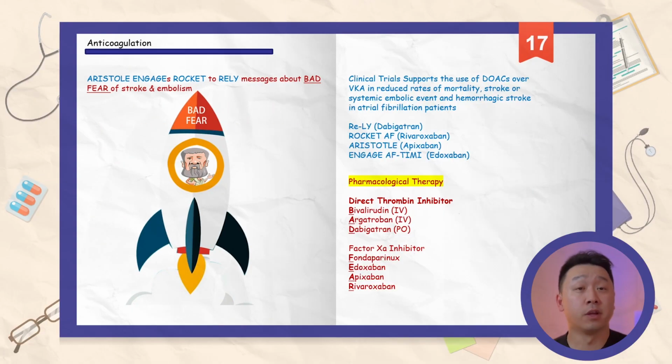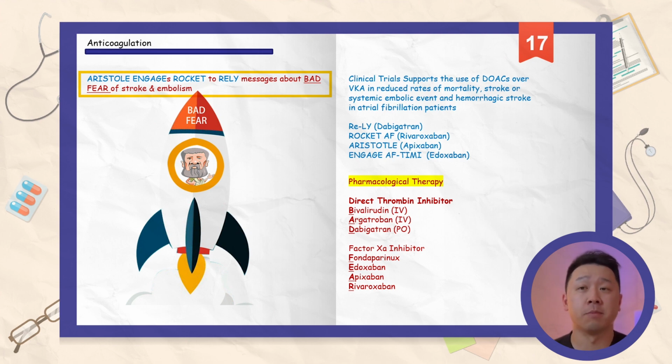Finally, we will go over the acronym that encompasses the direct thrombin and activated factor 10A drugs. The acronym is: Aristotle engages rocket to relay message about bad fear of stroke and embolism.